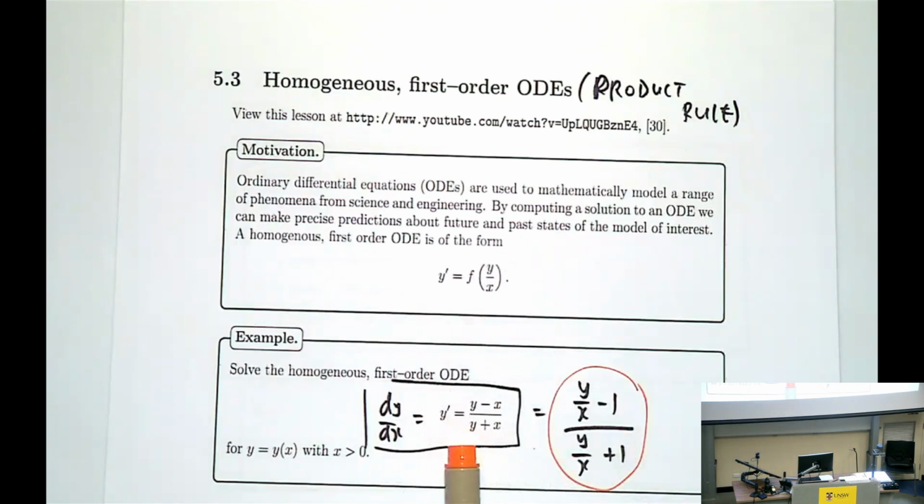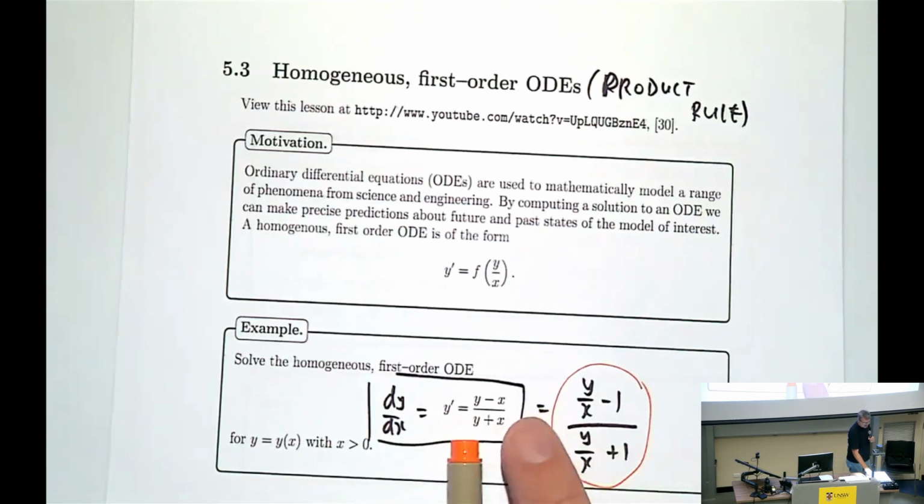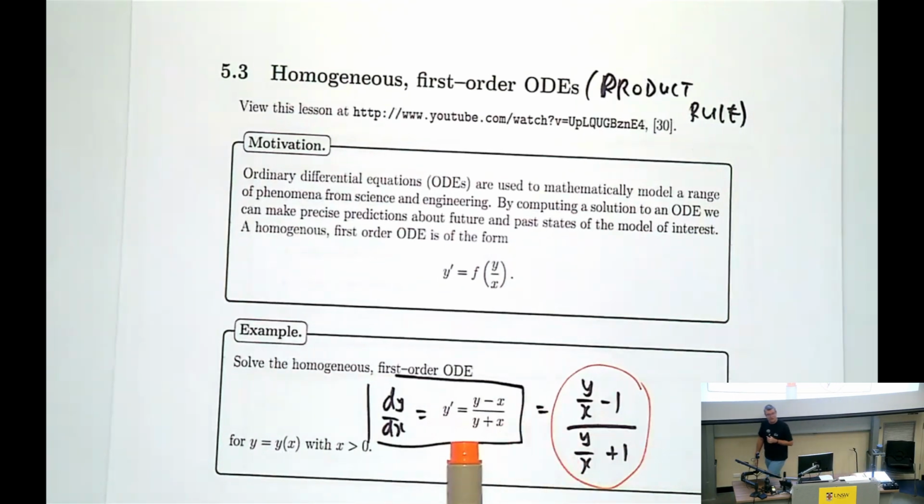So it's not linear. Another question: is it separable? If you're given this equation, can you separate the variables and integrate by multiplication or by division? I don't think I can do it. Maybe you can, but I couldn't find a way. So we don't know what to do with this equation. It's not separable and it's not linear.